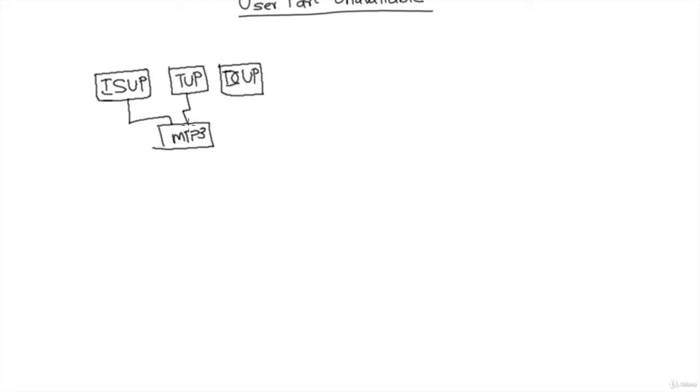Typically, the SS7 stack provided by the providers till MTP3 layer is different from the stack for the layers above. So at the MTP3 layer there is a separate stack provider, and for the layers above there is a separate stack provider.